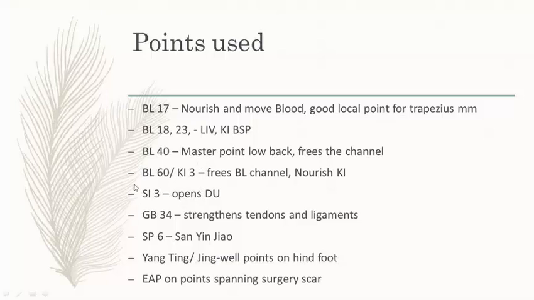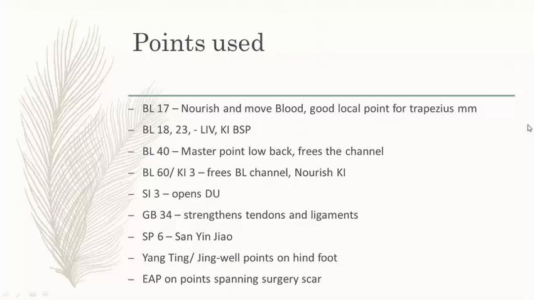I use small intestine 3, not actually as a Du Mai strategy, but as small intestine 3 opens the Du Mai, it also has that ability to help with qi stagnation and blood stagnation throughout the body. So I didn't use it specifically as a Du Mai strategy, but more for freeing obstruction in the channels in general.